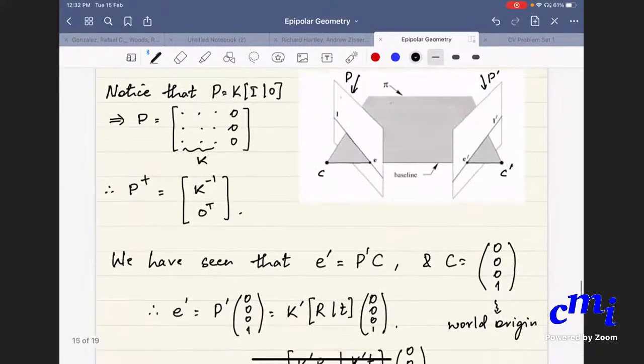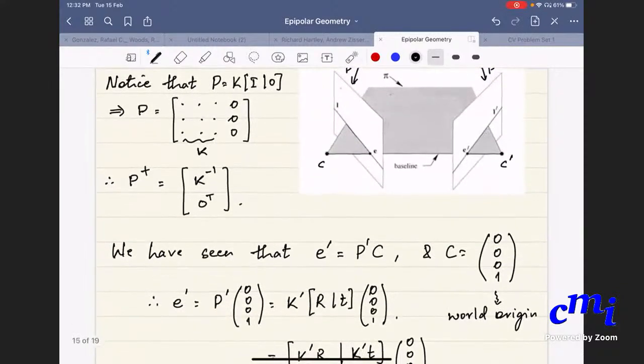And we know that E prime has to be P prime C. E prime is the image of C in the second camera. So the question now is, what is C? C is the null vector of P. You can think of it either that way, or you can think of it as the world origin.